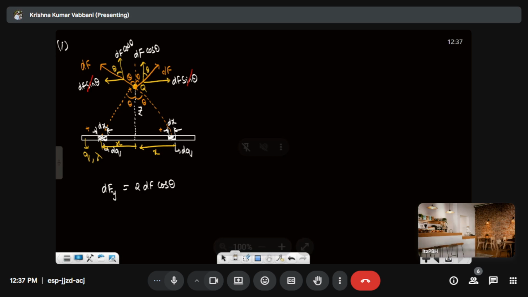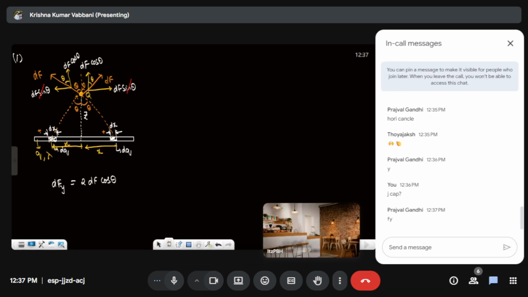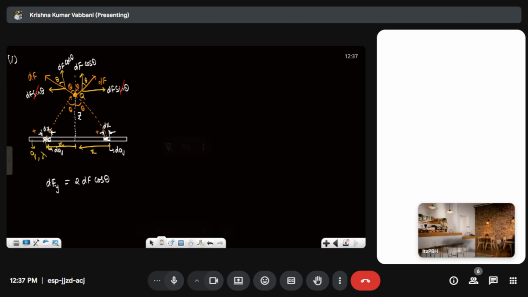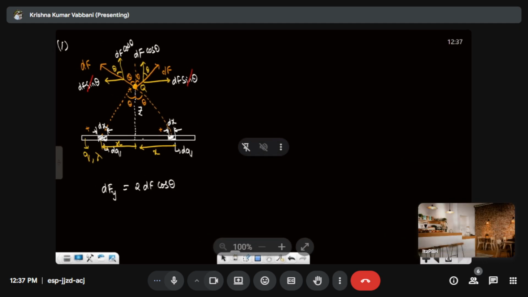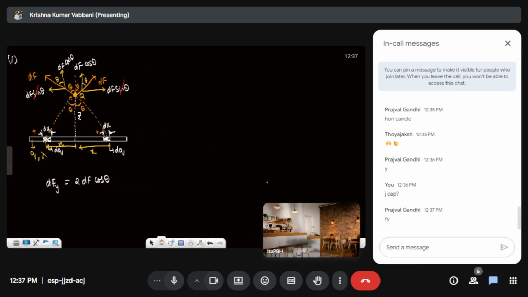We will take the vectors at the end. I already discussed this in the beginning class also. We solve the problem, then see in which direction we are getting the answer, then we take the y and x in the respective directions. That's why initially I am not taking them. So j cap, Fy. Yes, Gandhi, Fy.